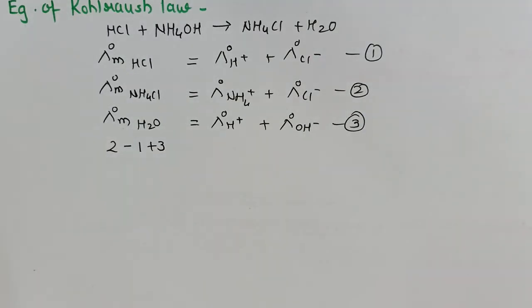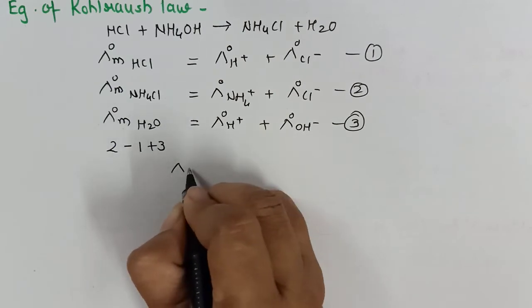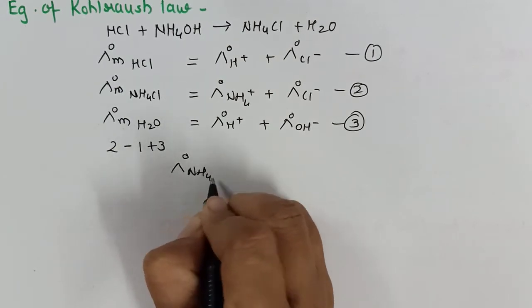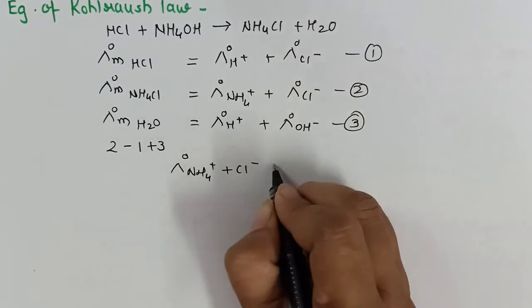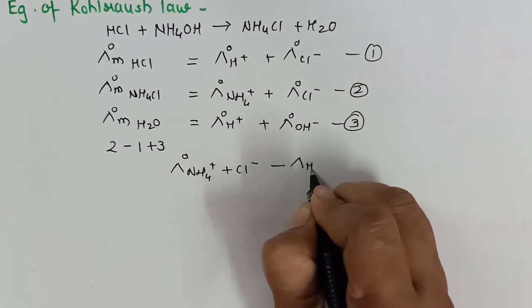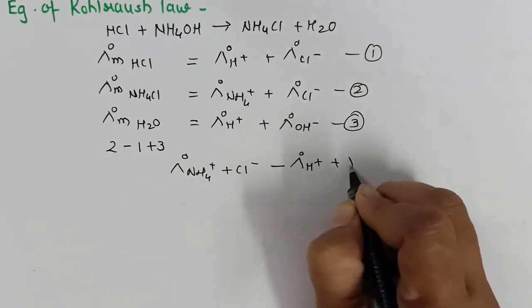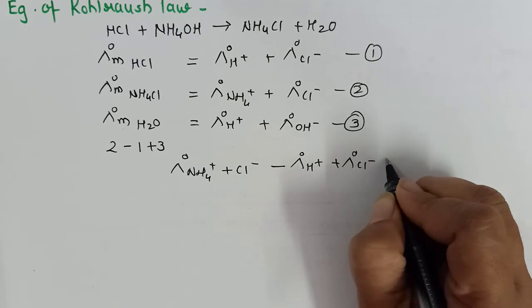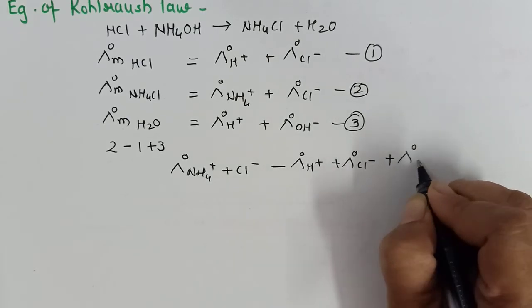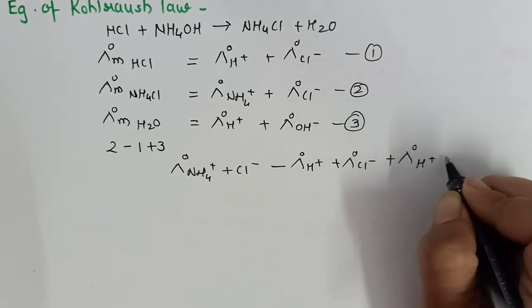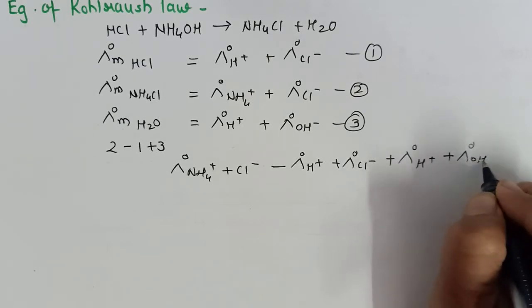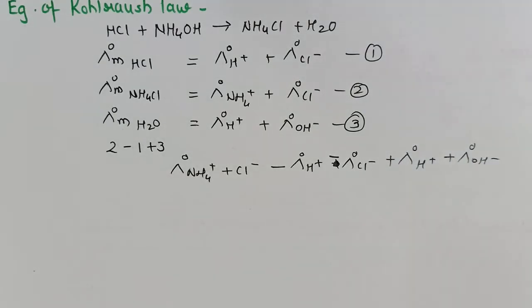So what will I get here? Lambda naught NH4+ plus lambda naught Cl-, minus lambda naught H+ plus lambda naught Cl-, plus lambda naught H+ plus lambda naught OH-. Let us cancel out the terms.